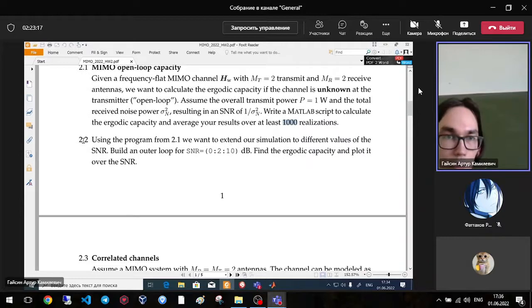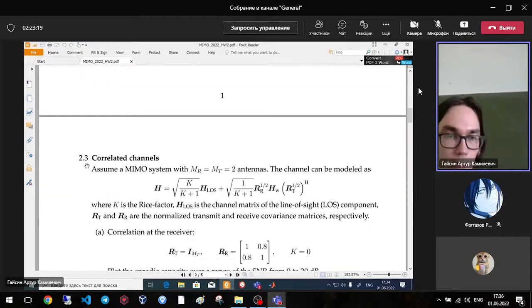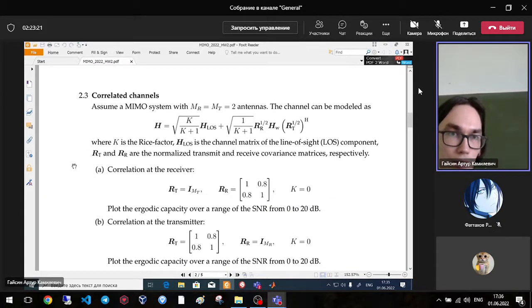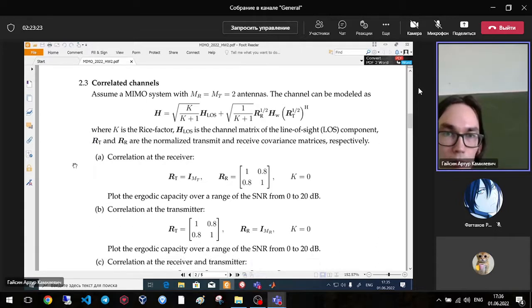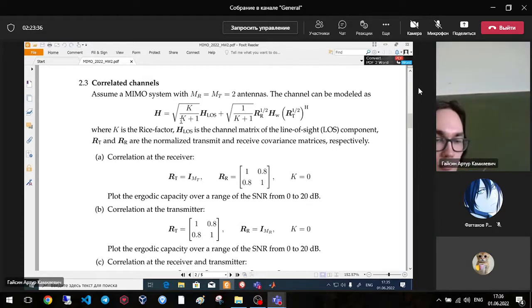So this one is second, and here the biggest one is 2.3, because we assume different cases. So here we have the channel model given by the sum of line of sight and non-line of sight. This thing was used in the first homework.